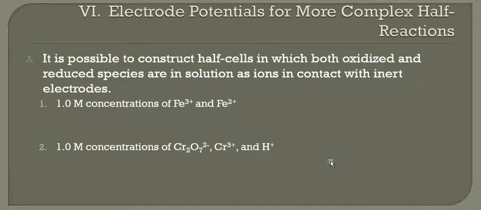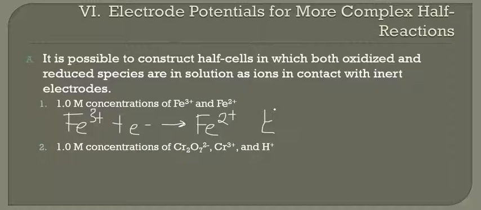It's possible to get half cells for more complex half reactions. For example, 1 molar concentrations of Fe3+ and Fe2+. The half reaction would look like this. And the standard reduction potential for this half reaction, 0.771 volts. Or 1 molar concentrations of Cr2O7 2-, Cr3+, and H+.